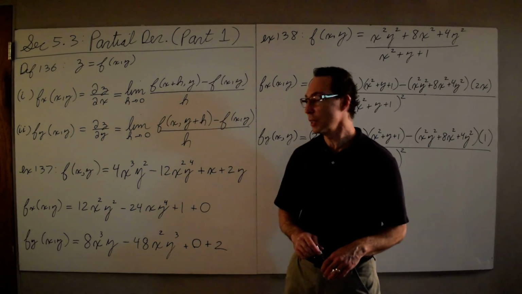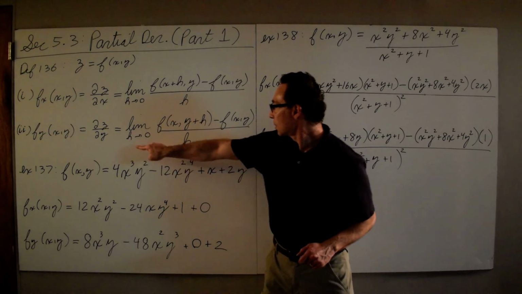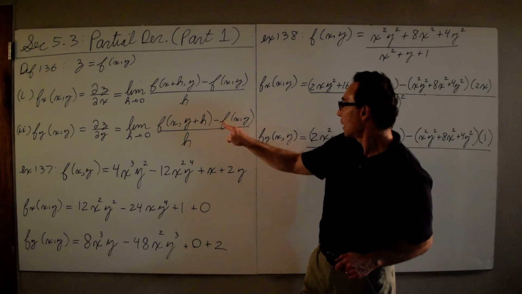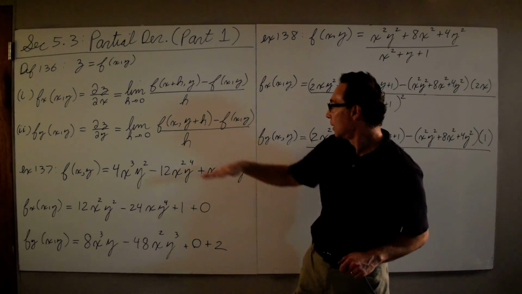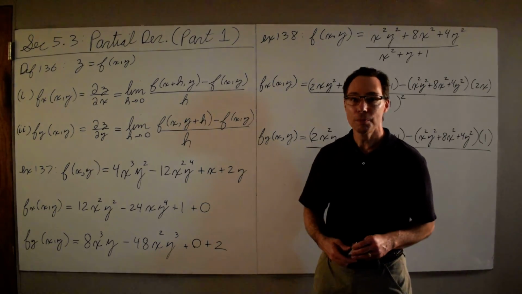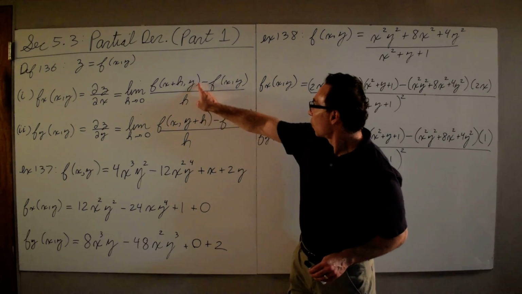The partial derivative of z with respect to y. So we have this partial. This is the limit as h goes to 0 of f of x, comma, y plus h minus f of x, y divided by h.